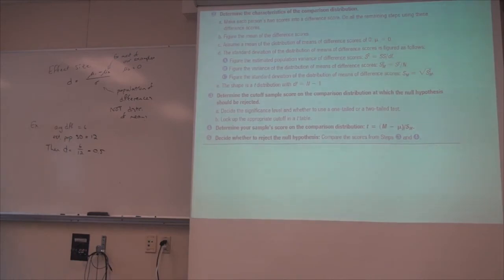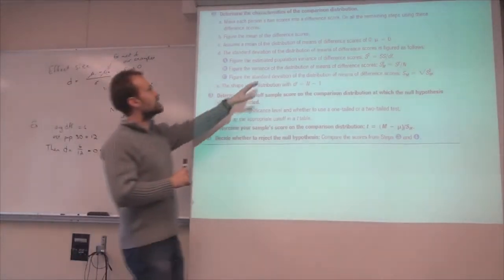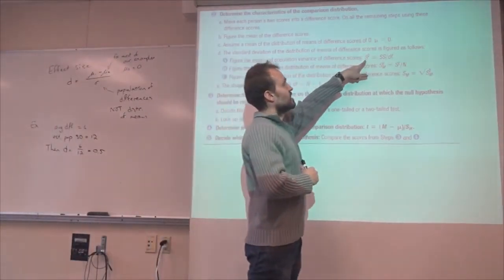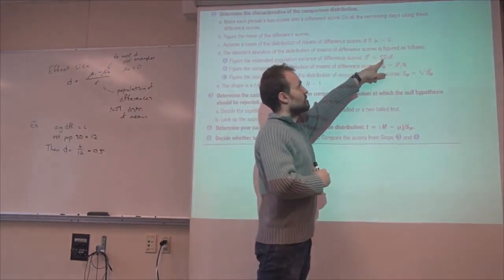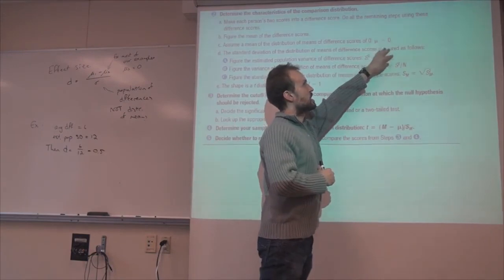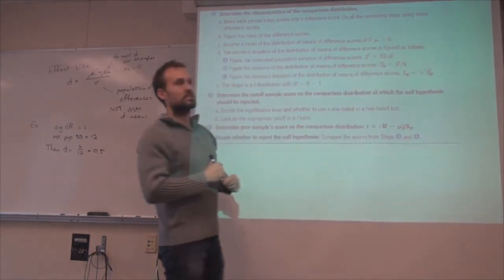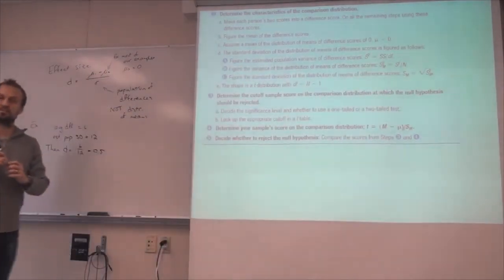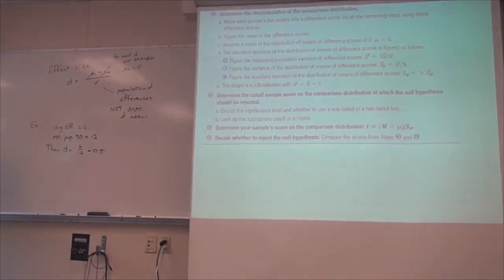No. If I look at this, I get the variance, where I take the sum of the squares and divide by n minus 1. And then the square root of that is my population standard deviation. So I'm taking the sample and dividing by n minus 1 to get the variance.